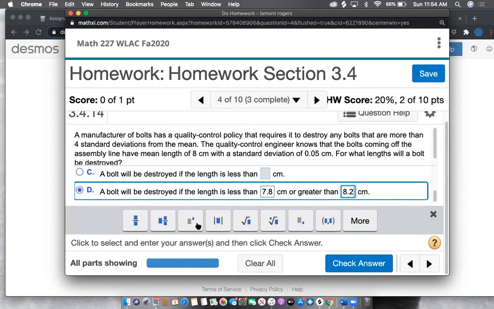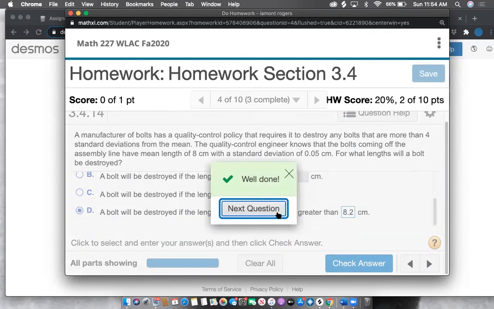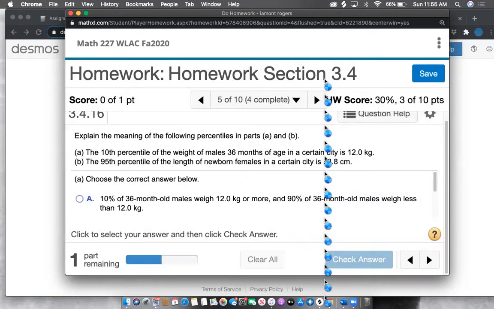So for too big, you want the bigger number because it says greater than, right? And for less than, you would want to put the small number.